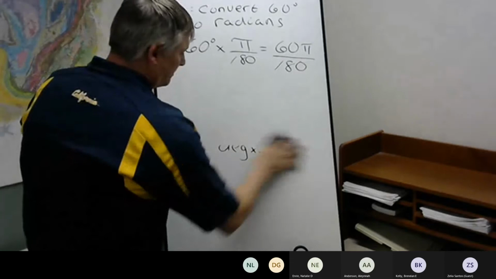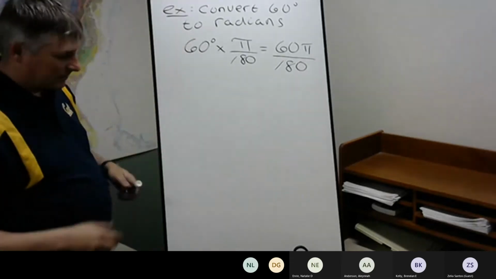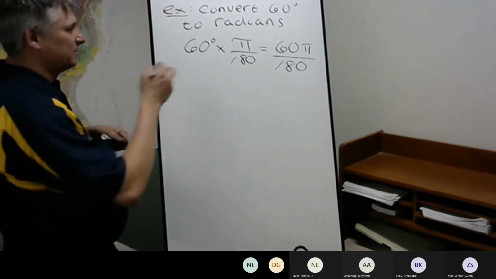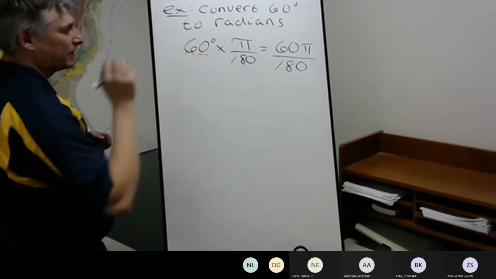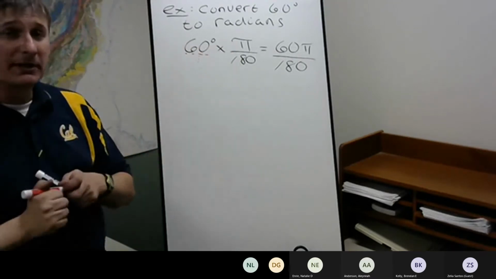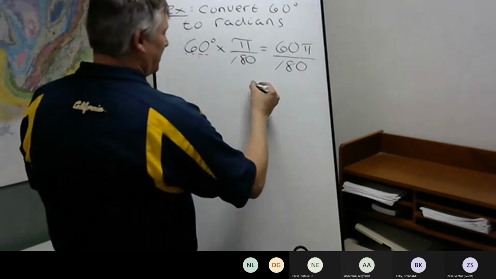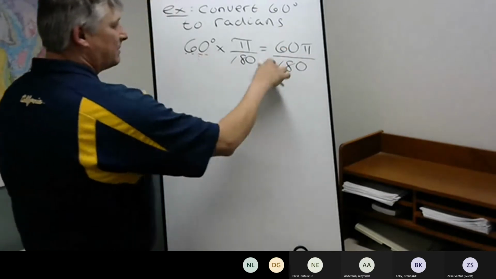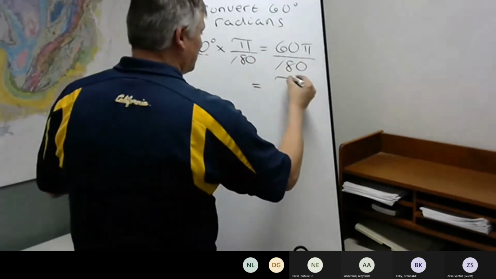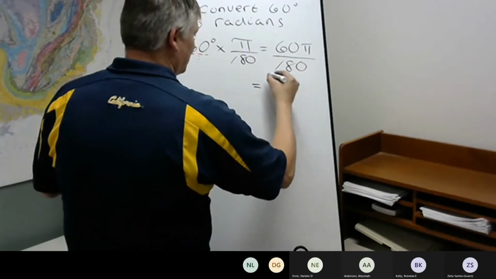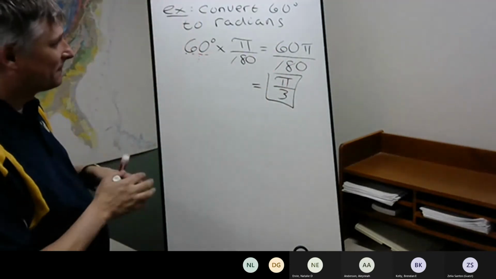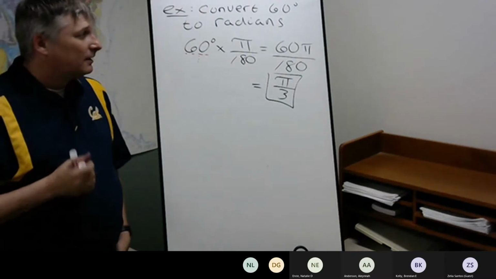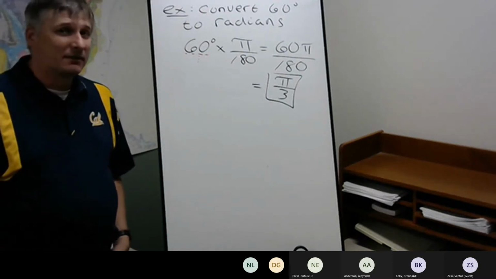And don't forget, always put your invisible 1 under here if you want. 60 times pi, 1 times 180, 60 pi over 180. Reduce this down, divide top and bottom by 60. That'll reduce it. You're going to get pi over 3. Questions about that?